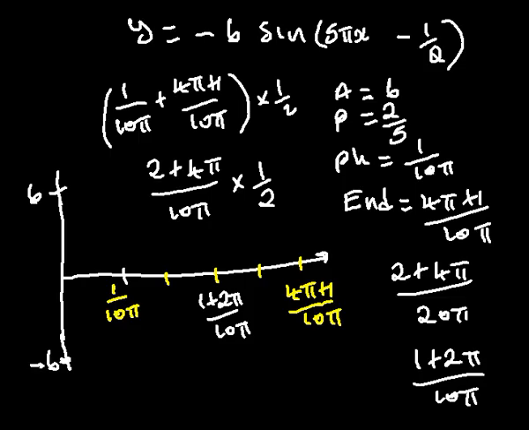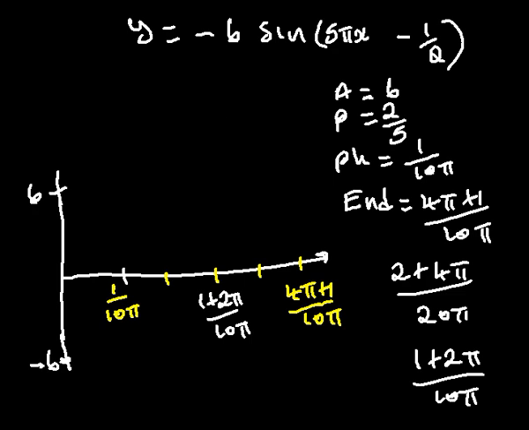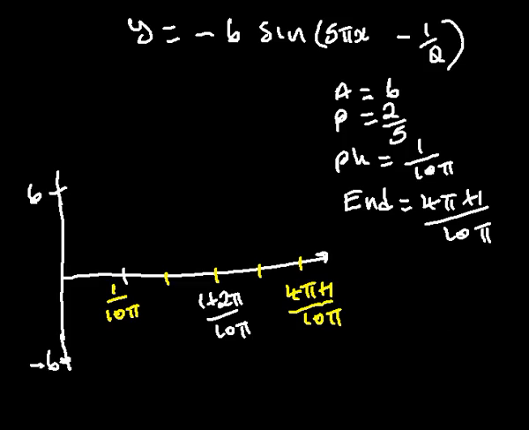So in your own time, you should try to complete the rest, you should have this as well as that, using the same principle. Now since it is negative, it means the graph is reflected. So this is how the graph has to go.